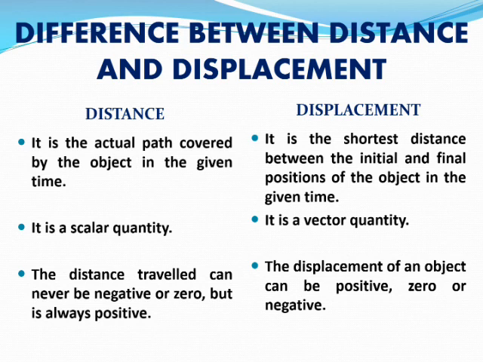Distance is a scalar quantity, that is, it has only magnitude but no direction, while displacement is a vector quantity, that is, it has both magnitude as well as direction. The distance travelled can never be negative or zero, but it is always positive, while displacement of an object can be positive, zero, or negative.